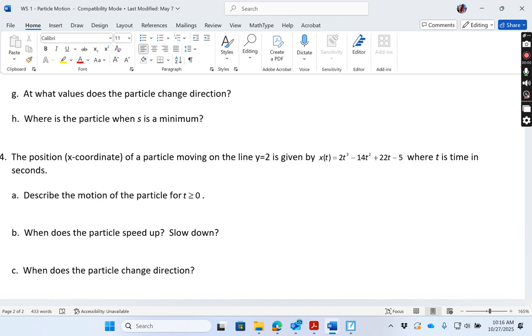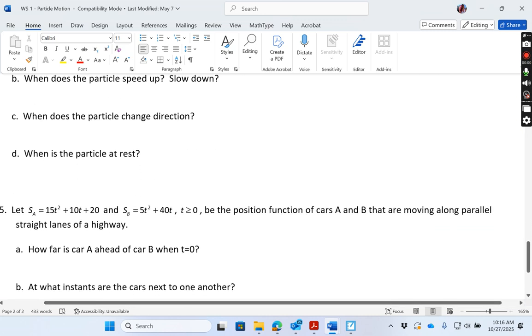It's never happened, and I looked through the rest of the packet. They didn't do it on any other worksheets. Why is it y equals 2, but it's x and t on 4? They're just saying a particle is moving along the line y equals 2. That means it's moving left and right, and this is the function that gives its path. Part A, that's t greater than or equal to 0.